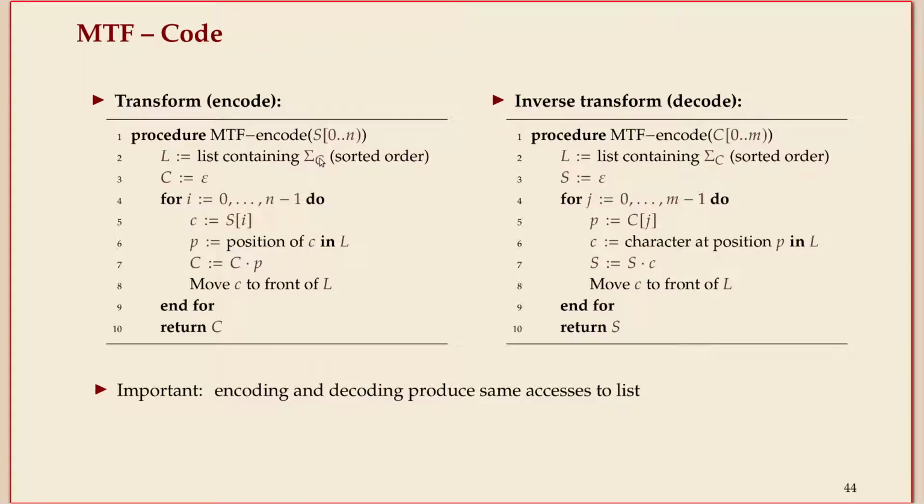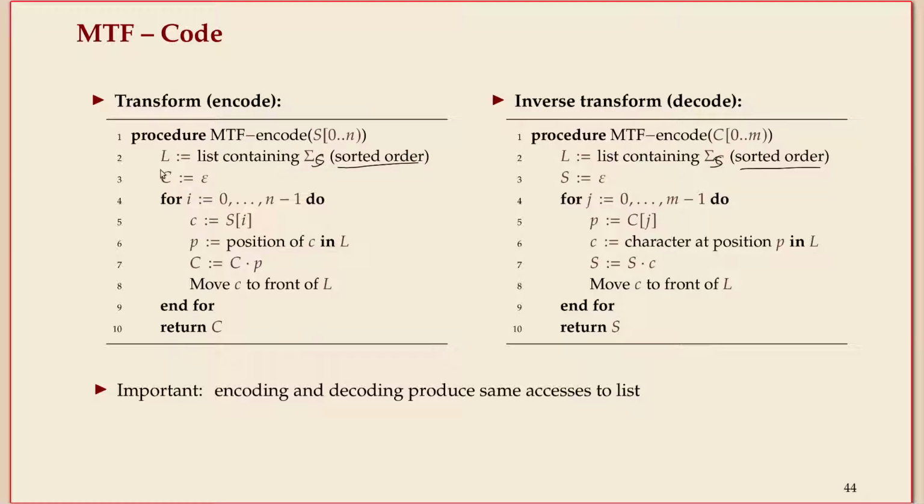So for encoding, we start with a list of all the characters in the alphabet. Well, we only have one alphabet, and the output alphabet is the numbers anyways. So we take a list containing the alphabet elements in sorted order. This is important because we have to know how to start.